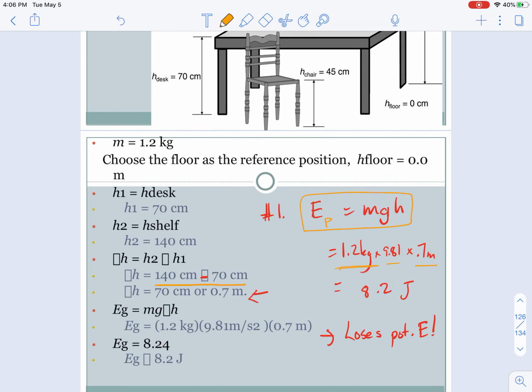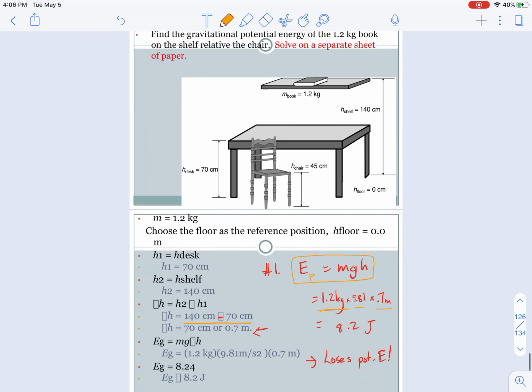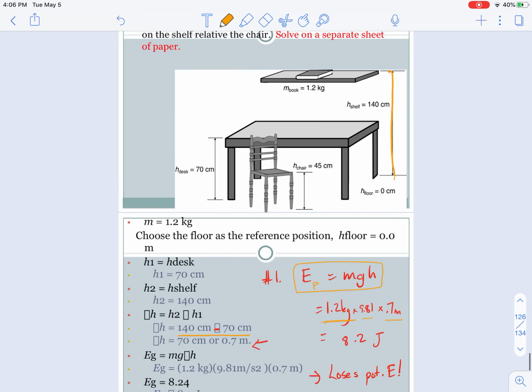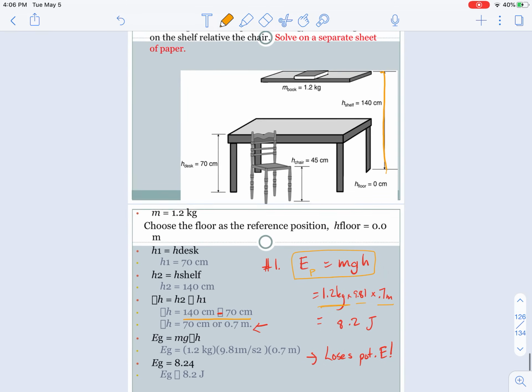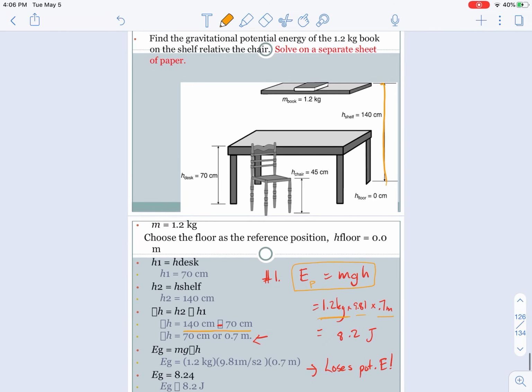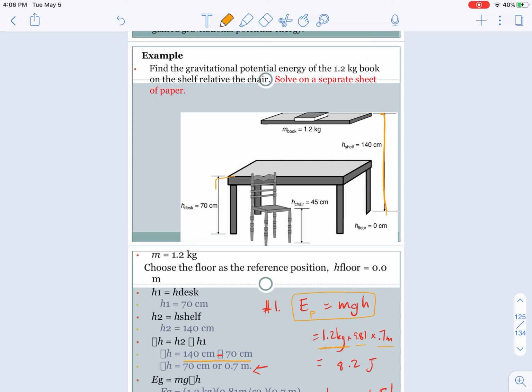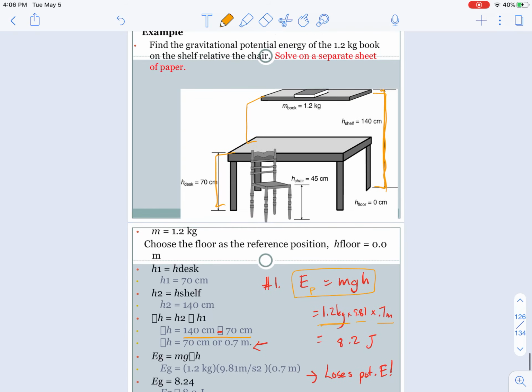And notice I use 0.7 meters because although they give you a measurement of what the distance is, the 140 centimeters from the floor to the shelf, you have to subtract the 70 that it would fall to do this first question, to fall to the desk.